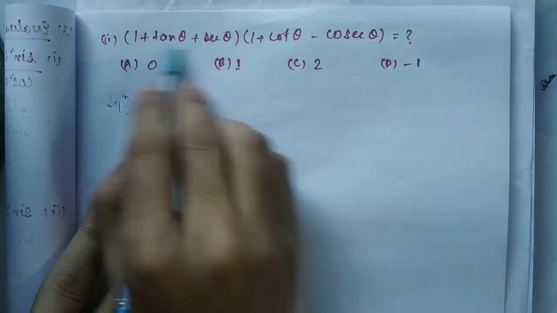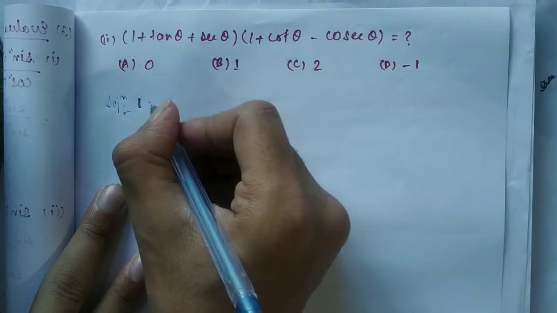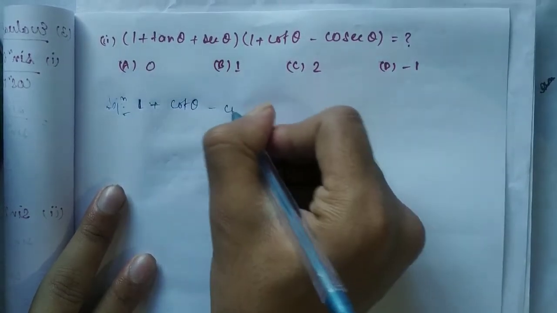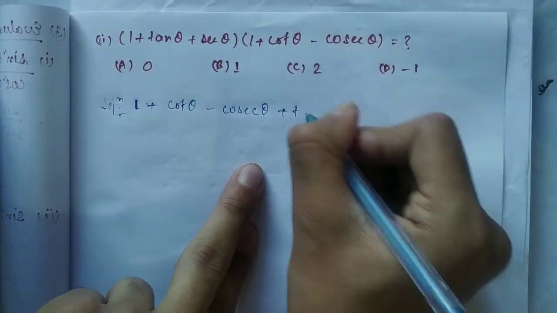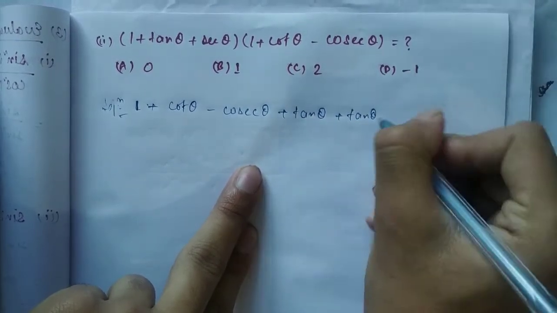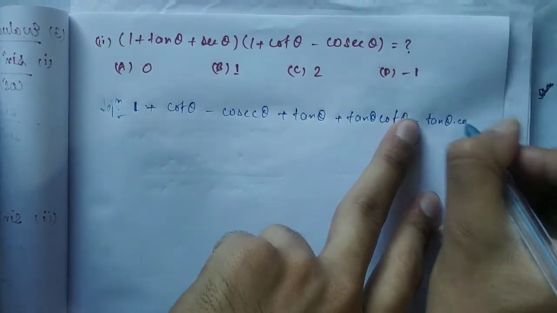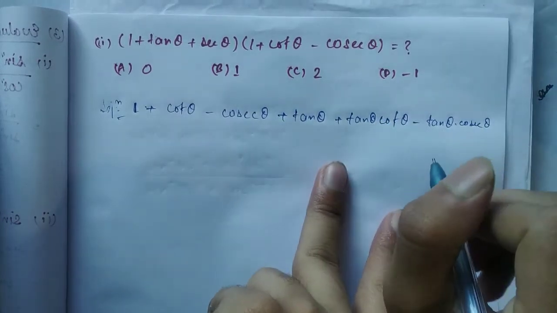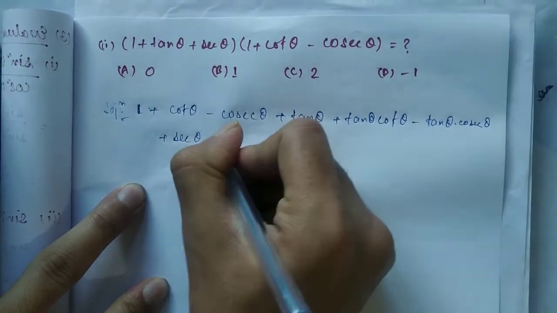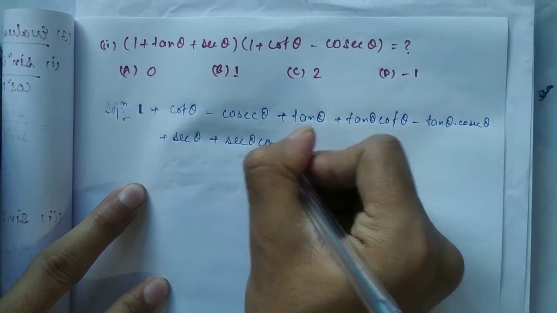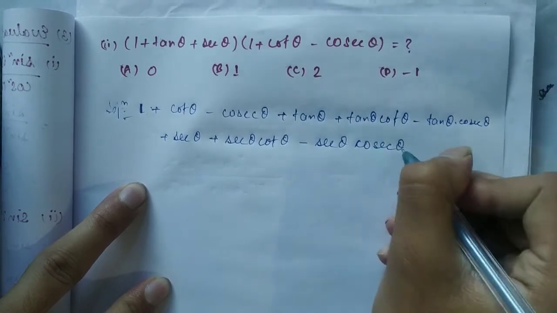So we first multiply 1 with all the 3 terms, so we get 1 plus cot theta minus cosec theta, and then we multiply tan theta by all these 3 terms, so we get plus tan theta into cot theta and minus tan theta into cosec theta, and then we multiply sec theta by all these 3 terms, so we get plus sec theta plus sec theta into cot theta and then minus sec theta into cosec theta.